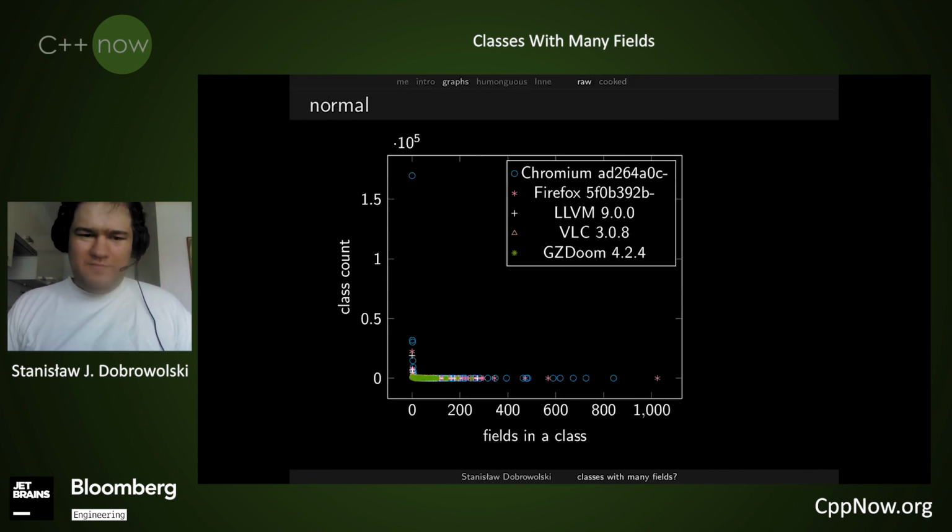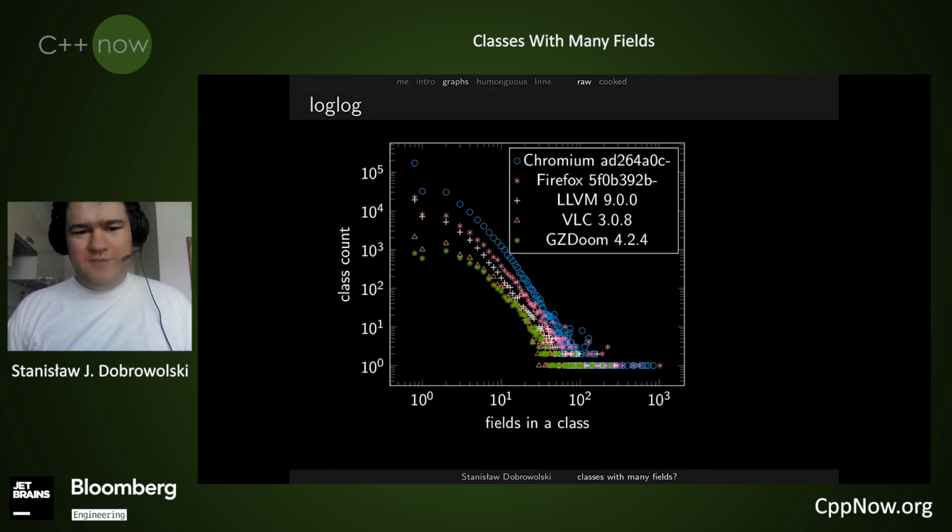If you look at the results at first, they look kind of, well, the only thing you can see is that there are loads of classes with few fields and less so with many. So we go log. This looks a little better. Since there was a 0 and there's a log, we converted that 0 to a fraction so that you would know how things go.